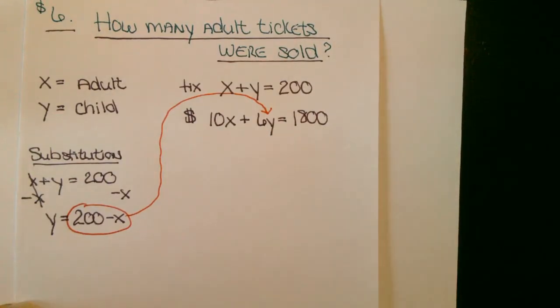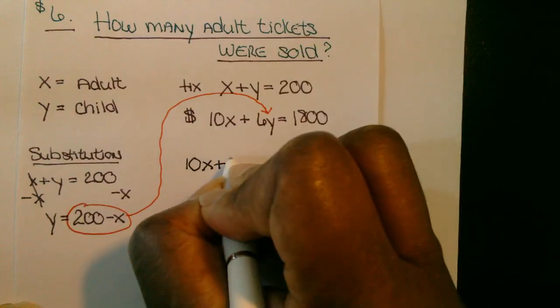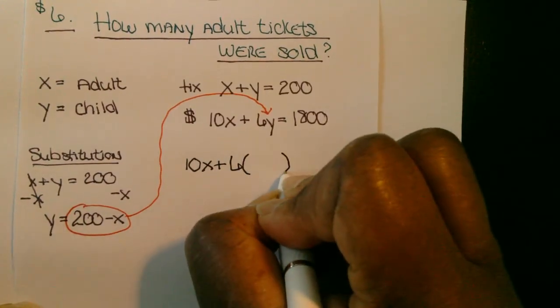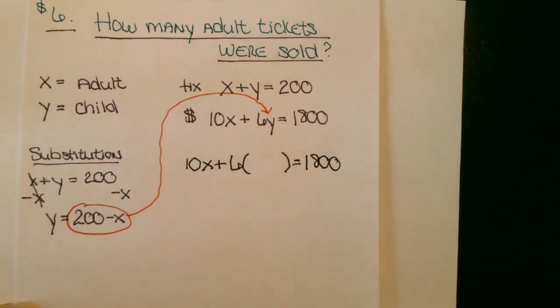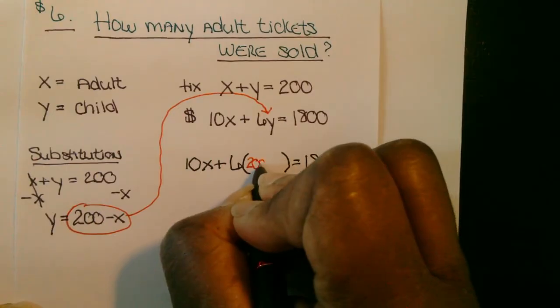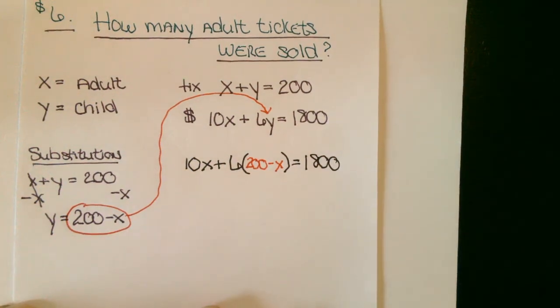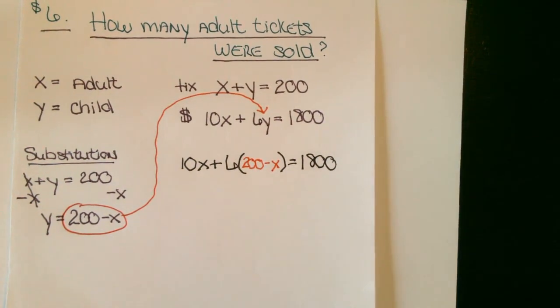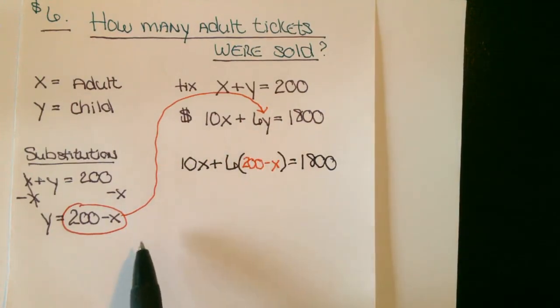So if I rewrite it, it's going to be 10x plus 6 times what represents my y equals 1800. And what's going in for the y is my 200 minus x. So now, you solved one equation, the y comes out, the 200 minus x goes in.